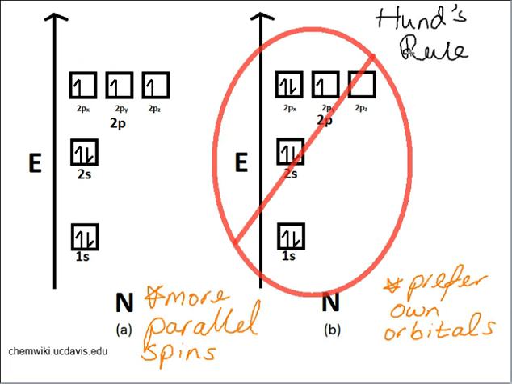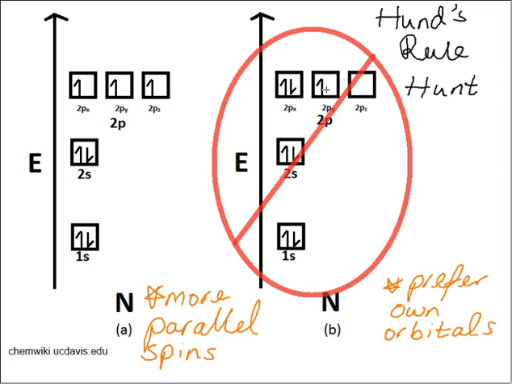And Hund's rule is pretty funny, actually. Hund's rule is basically that electrons prefer their own orbitals. To remember that, I like to change the word Hund into hunt, because electrons hunt for their own orbitals.